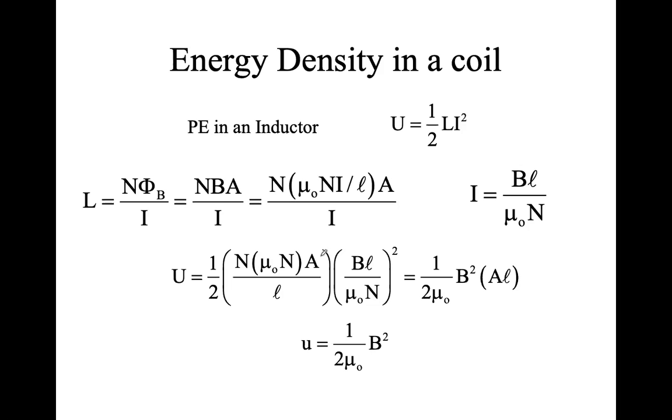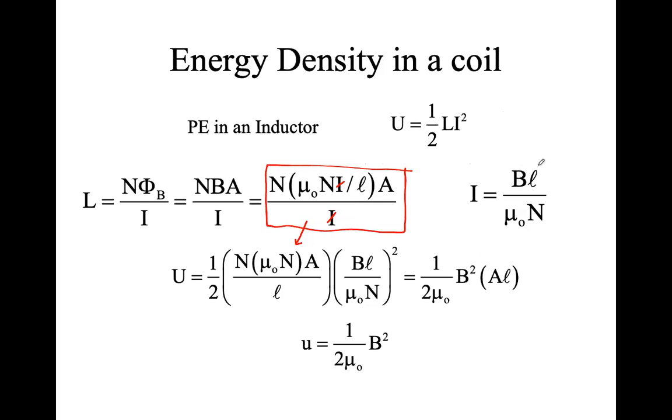And so I guess I'm going to recall what self-inductance was for a coil. The I's cancel here, right? And so that kind of goes away. And so those are the numbers I put in. That's exactly what I had a couple slides back for self-inductance. So that's 1/2 self-inductance, and then current squared.